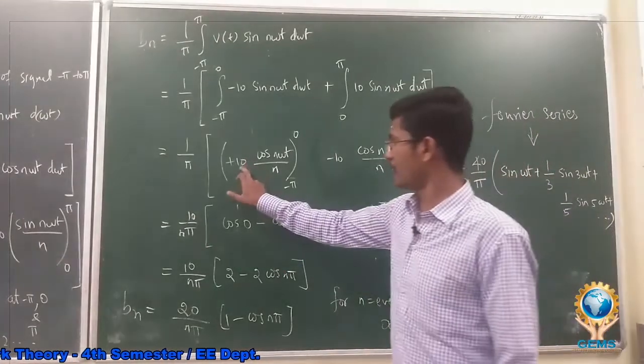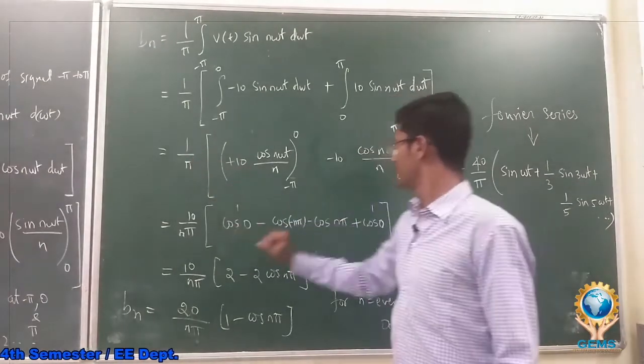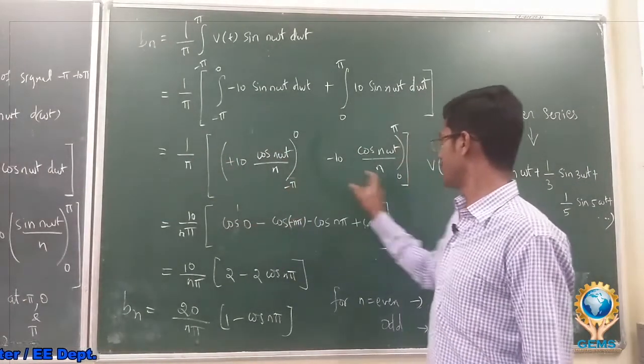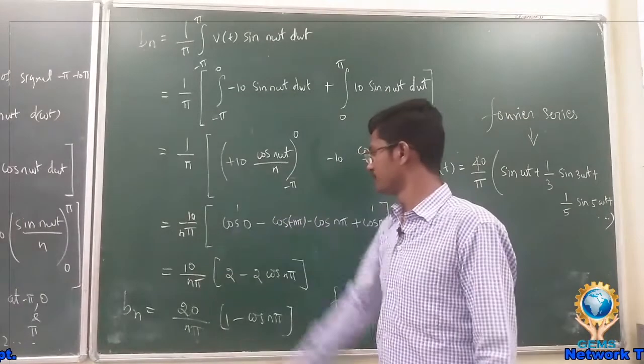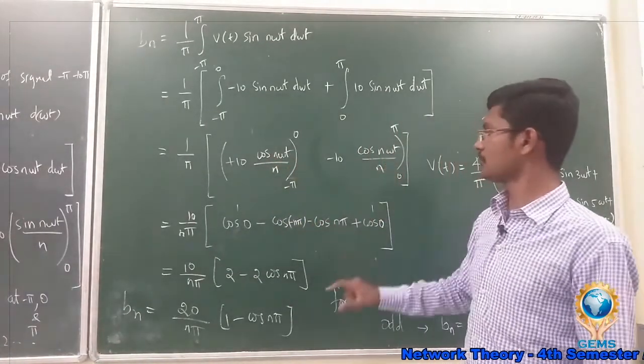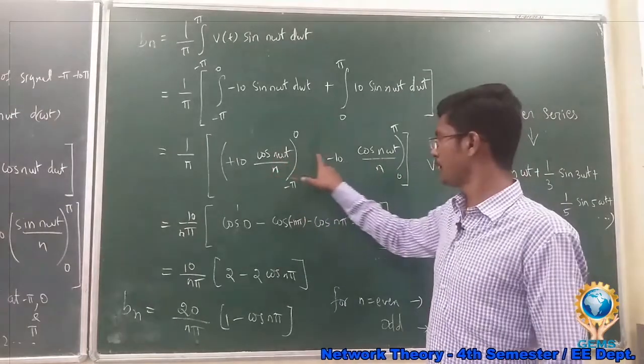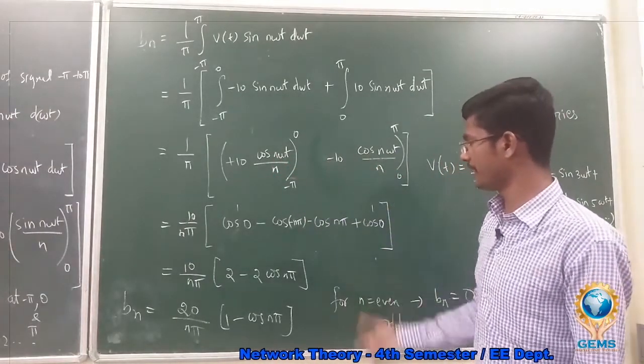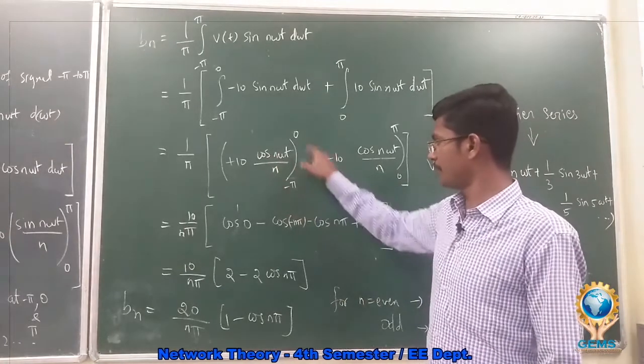If you take 10 and this n outside commonly, we will get only cos n omega t here, and here also cos n omega t. Here we get cos n omega t minus cos n omega t. In cos n omega t we will apply the limit.